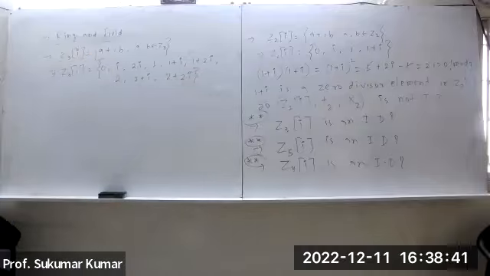So Z3 box I has a total of 9 elements. If you take any two non-zero elements and their product comes non-zero, it means this is an integral domain.